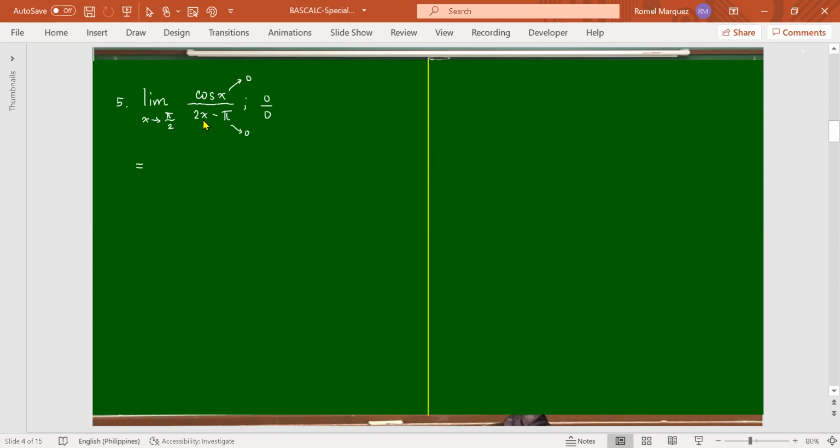Hindi naman kasi polynomial that you can cancel something na nagsisiro. So, ang ating na lang chance is to be able to transform this into what form? Either sine x over x as x approaches 0 or limit of 1 minus cosine x over x as x approaches 0, no? Para alam natin ang limit nun.